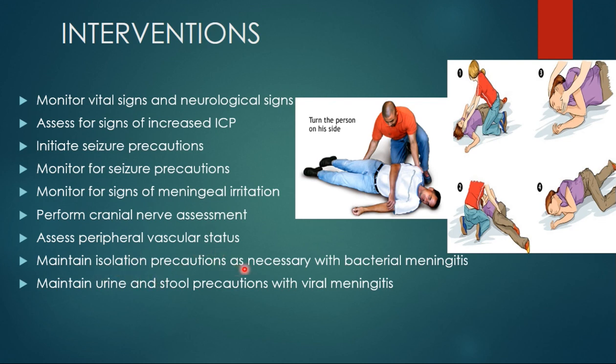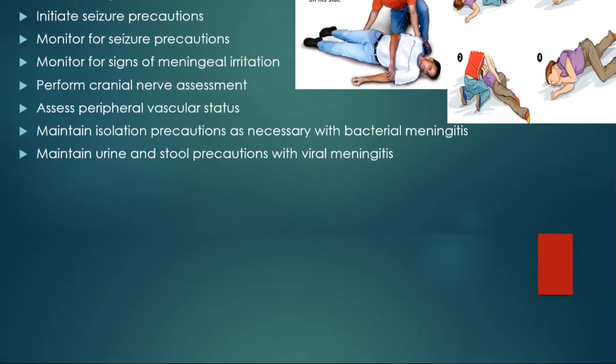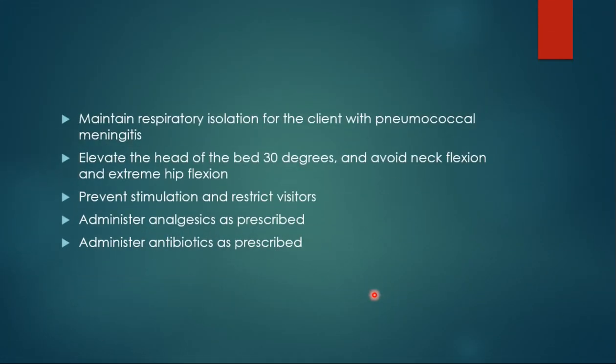Maintain isolation precautions as necessary with bacterial meningitis to avoid the transmission of disease, maintain urine and stool precautions with viral meningitis, and maintain respiratory isolation for the client with pneumococcal meningitis, because as this disease is a droplet infection, it can spread.